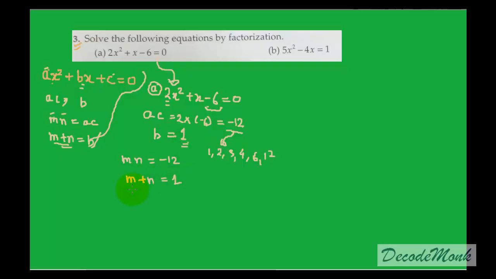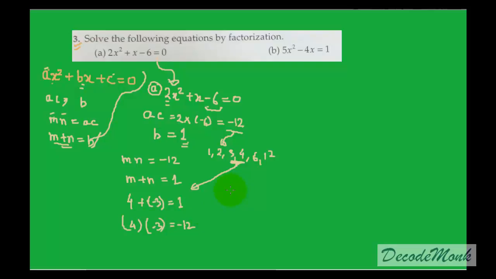So here you can see that 4 minus 3 is equal to 1. A little bit of practice will help you to solve such questions. So if you take m as 4 and n as minus 3, this will give you 1, and also 4 into minus 3 will give you minus 12.